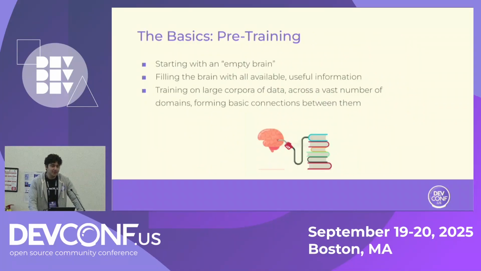So to begin, every model can essentially be thought of like an empty brain. It's a set of randomly initialized weights that hasn't learned anything, hasn't seen anything, and isn't going to do much for you.